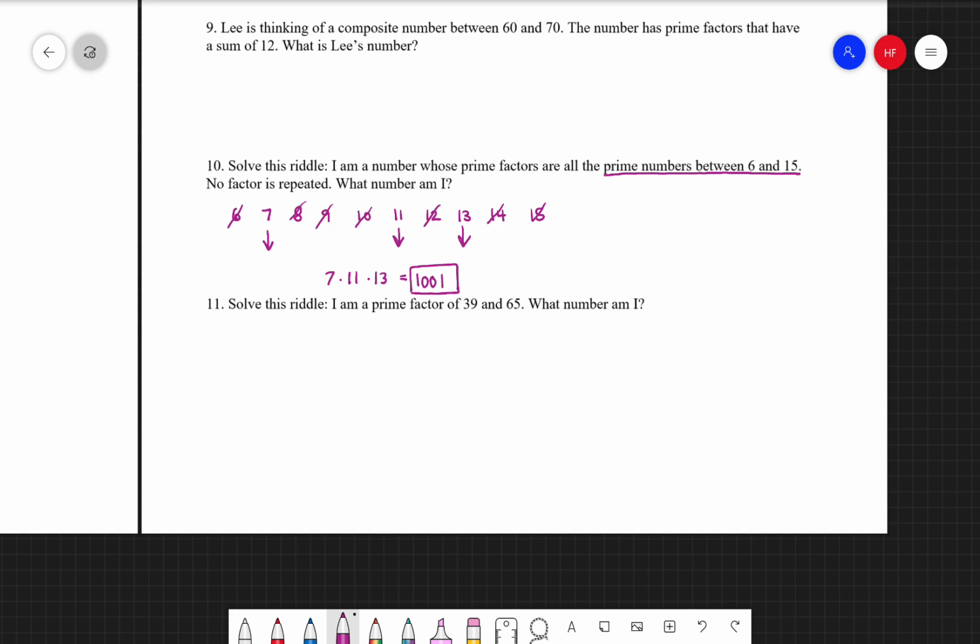So let's do the factor tree on both of those. 39 is 3 times 13. 3 is a prime number. 13 is also a prime number. 65, we can go 5 times 13. 5 is prime, 13 is prime. So the only one that is the same between them is 13. So 13 is our final answer.